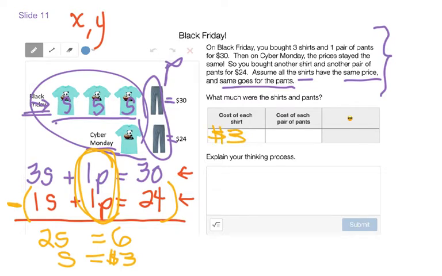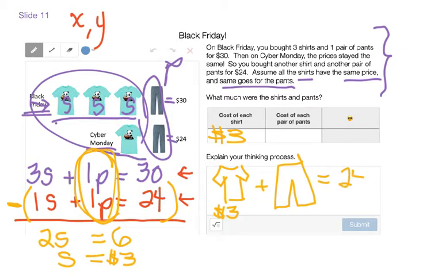So if I know what a shirt costs, if I buy a shirt and that was $3, and I bought a pair of pants, and when I bought those two together it equaled $24, well, I could easily figure out what a pair of pants is, because if a shirt's $3 and I add 21 to 3, I get 24.